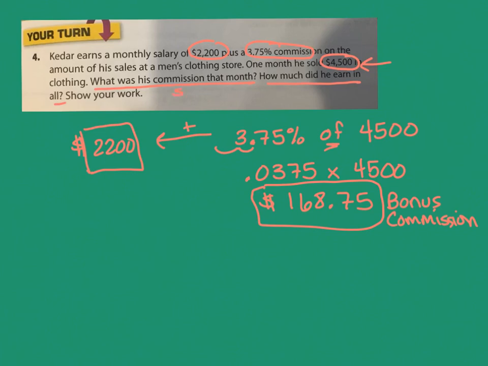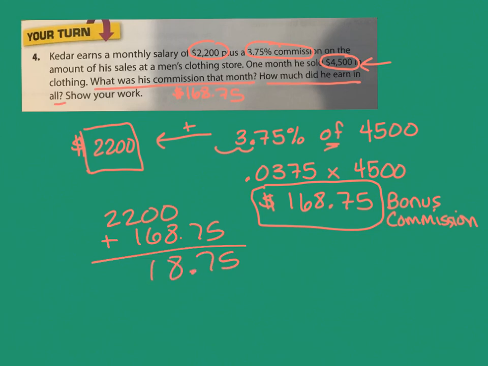Okay, well, that was $168.75. The second question, how much did he earn in all? This much and this much more. So you would just add those together. $2,368.75 is how much he earned in all.